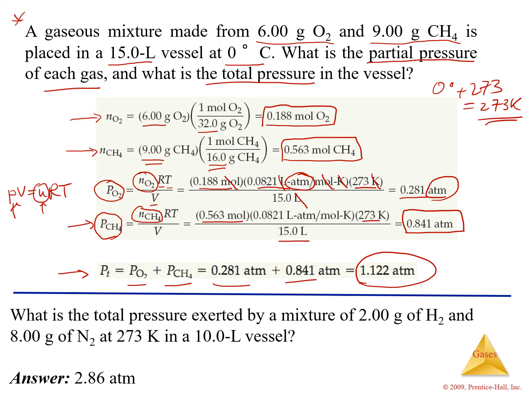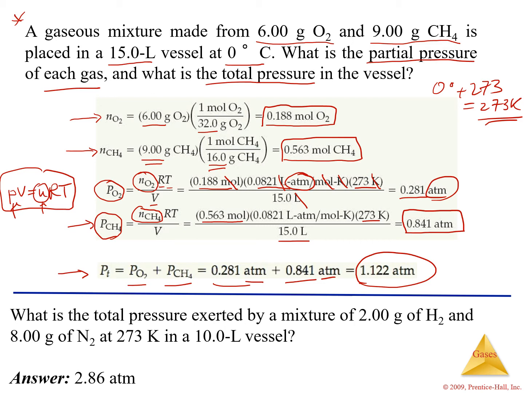So in this case, of course, it's atmospheres and atmospheres. That's the same unit. So that's very much what I wanted to comment on. That's a very simple application of the variation of PV equals nRT to calculate partial pressure.